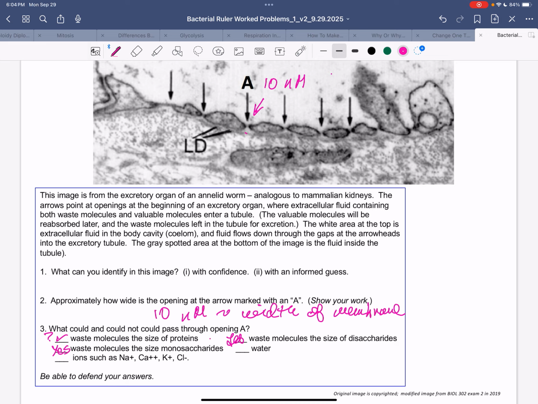Yes. Those are down on the order of 1 nanometer or a little bit less. Water, of course, so yes. Ions, yes. So it's going to freely allow these waste molecules through, along with sugar, amino acids, and ions. Large proteins won't get through. Smaller proteins, maybe. In fact, these are actually small enough in reality, we can't tell it from this image, but they're small enough in reality that only very small proteins will fit through.